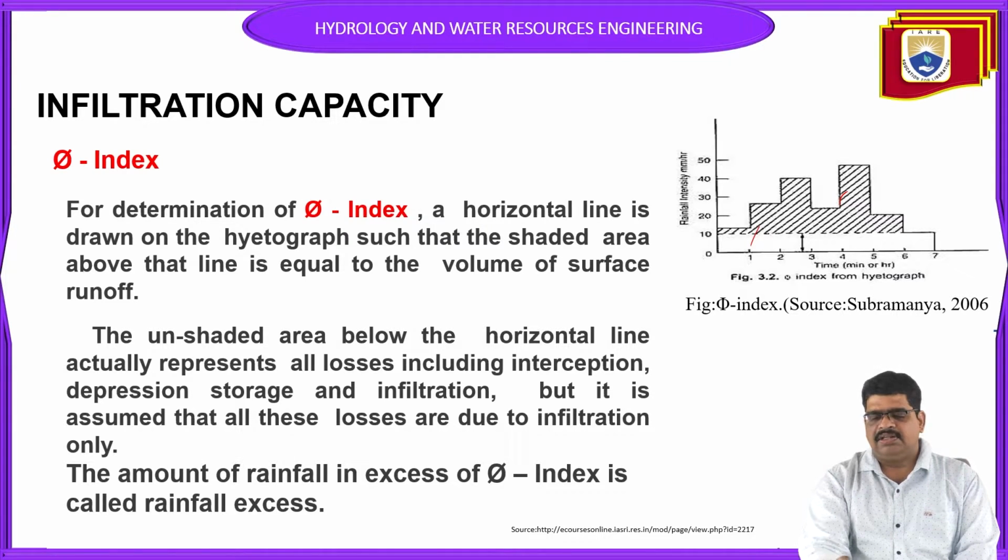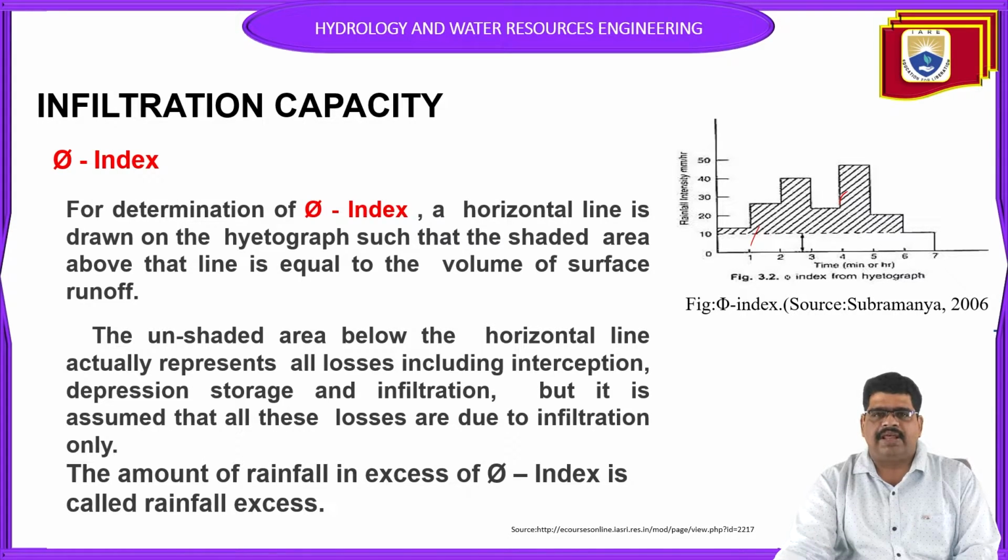From this, the non-shaded portion, as already discussed, we use to find the volume of the surface runoff. The unshaded portion has a horizontal line representing the losses, including interception, but it is assumed that the loss is due to infiltration only.